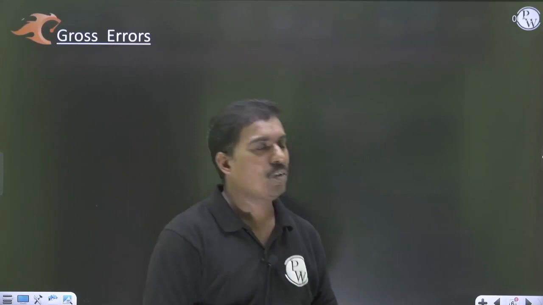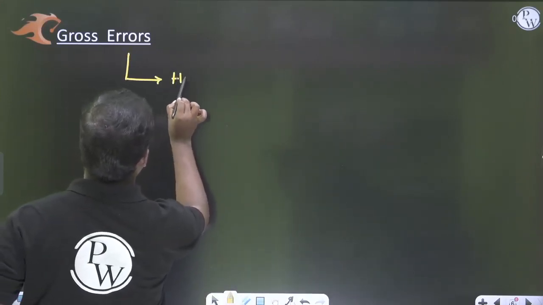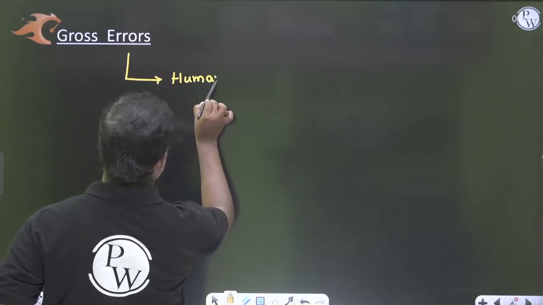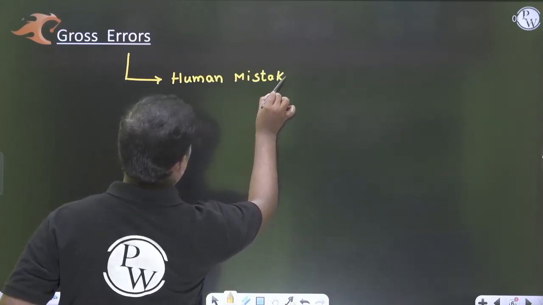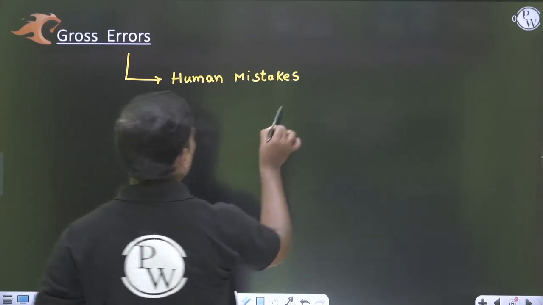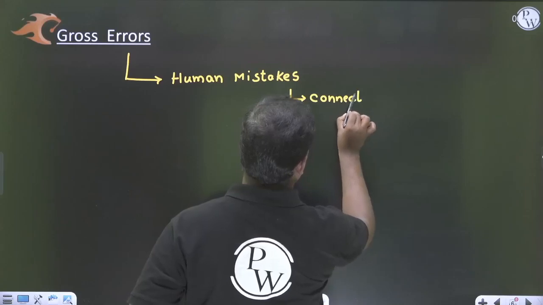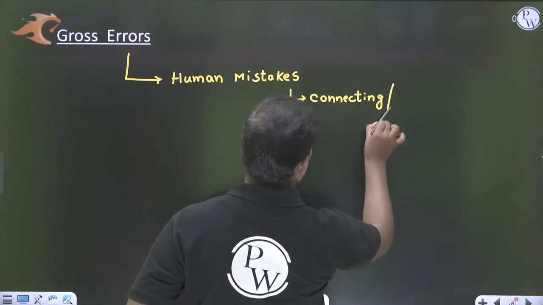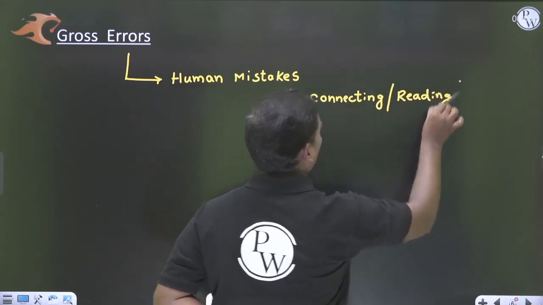So in brief, gross errors are majorly due to human mistakes: human mistakes in connecting the instruments, reading the readings, and recording the values.